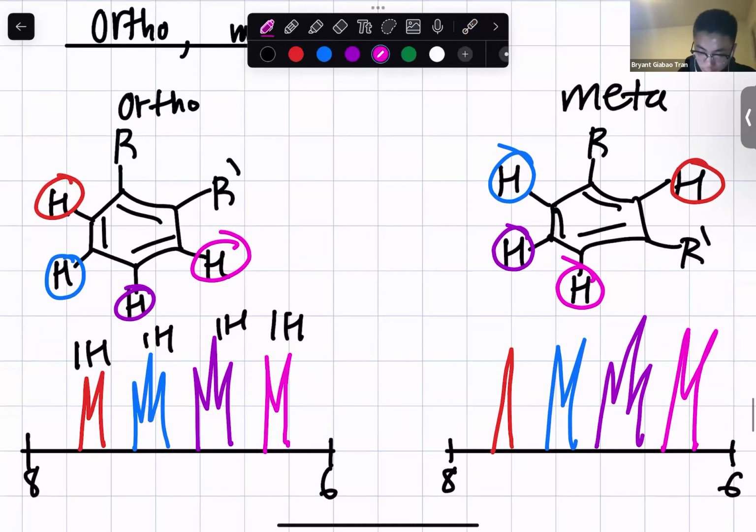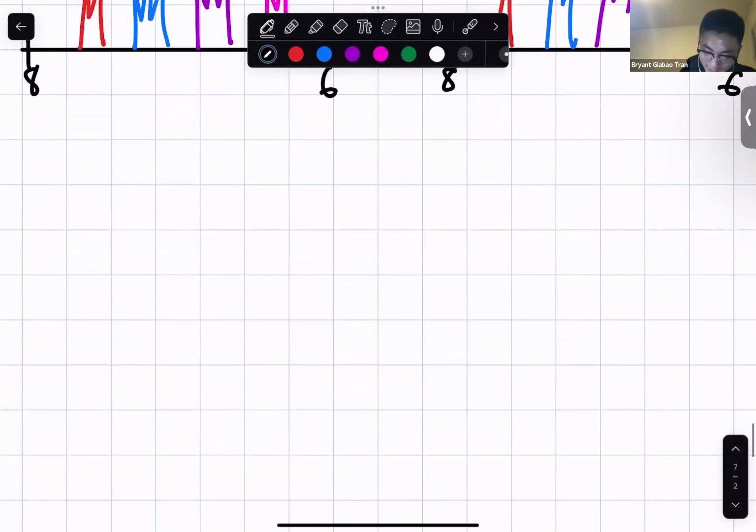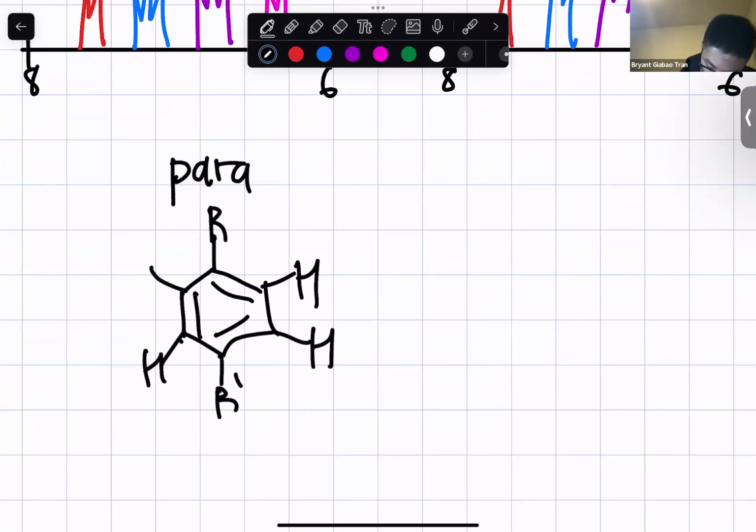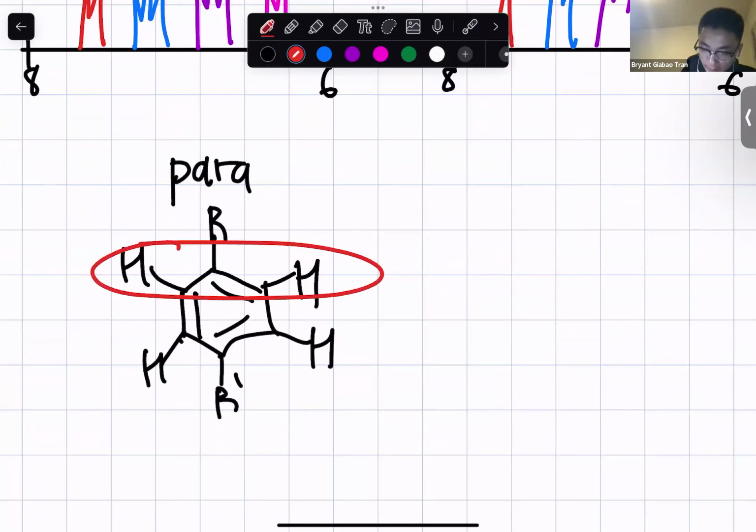So this is the pattern you see between 6 to 8 if you have a meta benzene ring. The easiest relationship to see is para. You can think of parallel to each other, like the R groups are parallel to each other. And this time we have symmetrical hydrogens, where these 2 hydrogens are the exact same as each other because they have the same chemical environment.